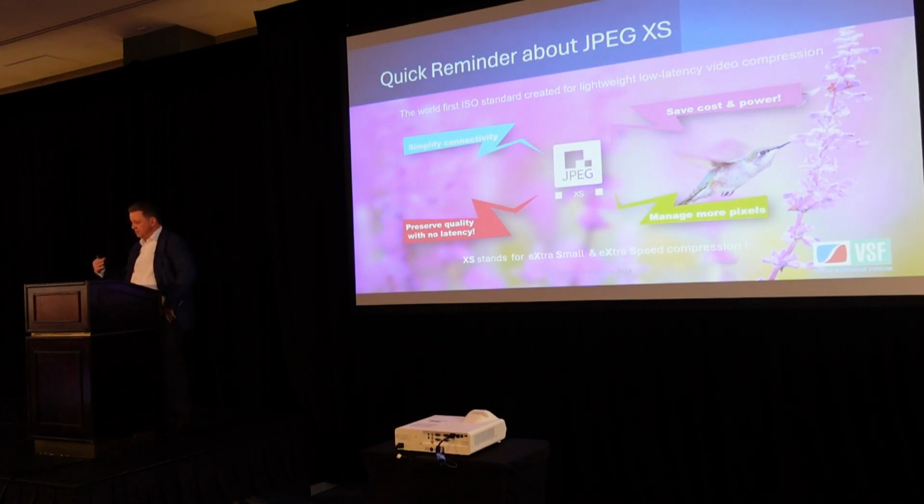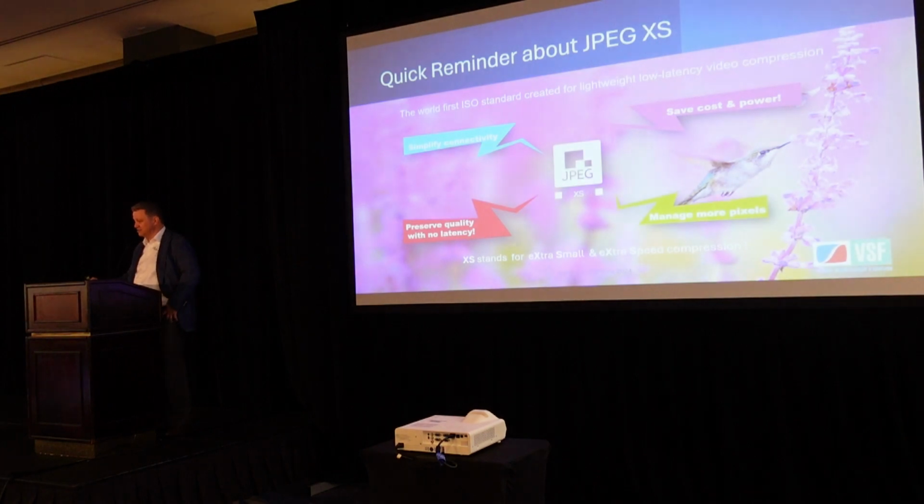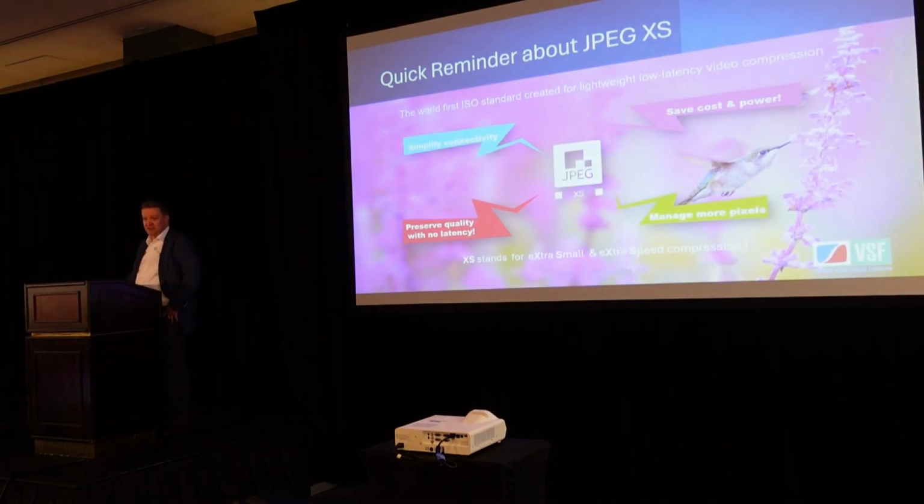The goal was to save cost and power, preserve the quality, and bring the latency down, ideally to no latency, the same thing you get with uncompressed video, and obviously manage more pixels. A lot of what was driving this is going to 4K, 8K, and beyond. And in case anybody didn't know, XS stands for extra small and extra speed compression. That's where the XS came from.